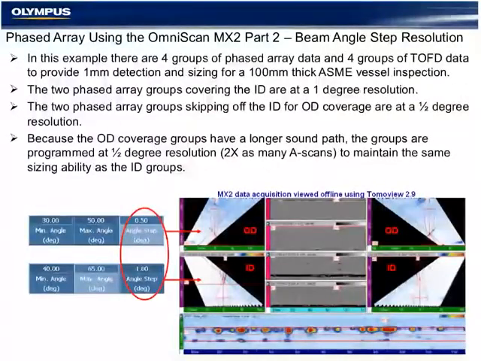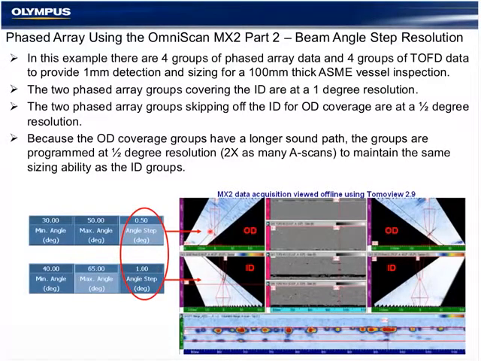To give you an example of an application of why we would use a different angle step, we're looking at a 100mm weld here and 4 sector scan groups that are inspecting it. The bottom sector scan groups are traveling on the first leg to the weld, a short distance. So they're using a 1 degree step resolution.